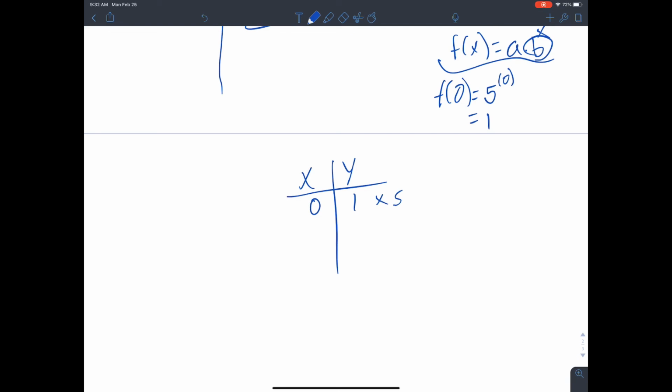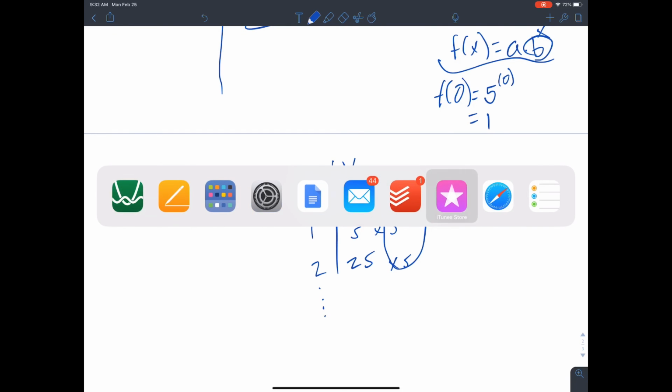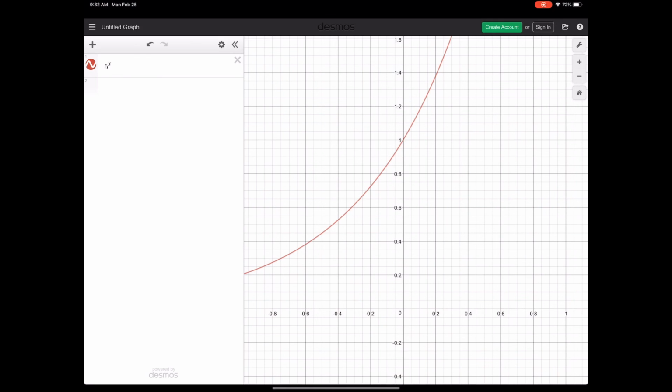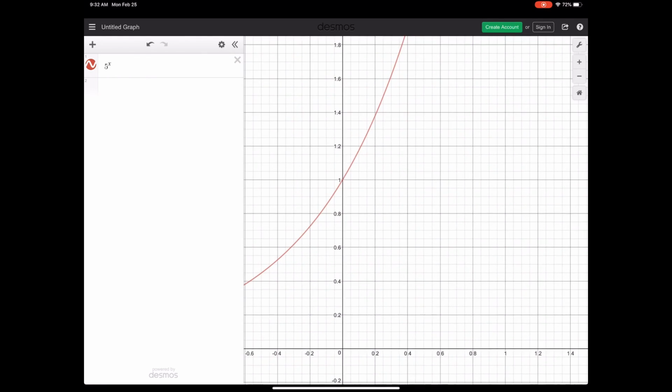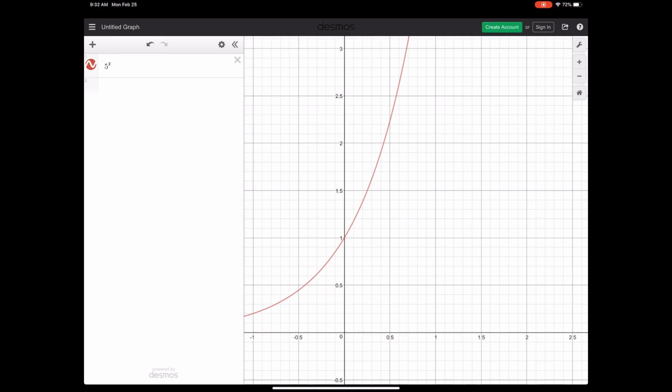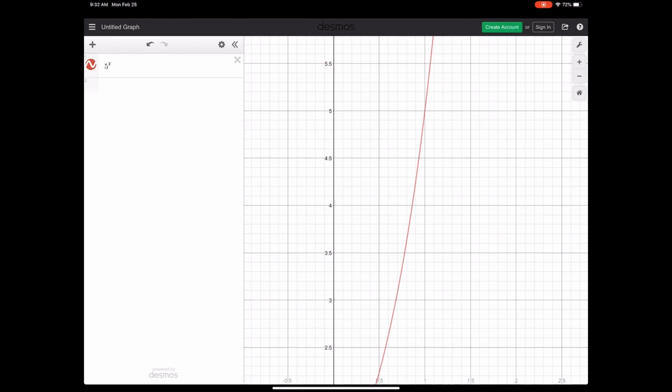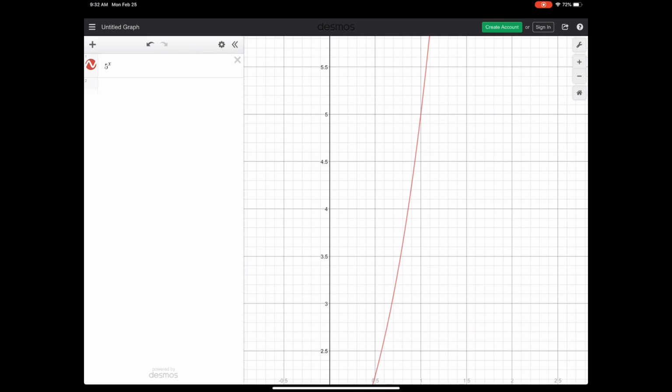We do times 5, times 5, and so forth. Keeps getting multiplied by 5. These are a common ratio right here. And just to give it a quick check, at 0 we have 1, sorry. But then at 1, we have 5 right there.